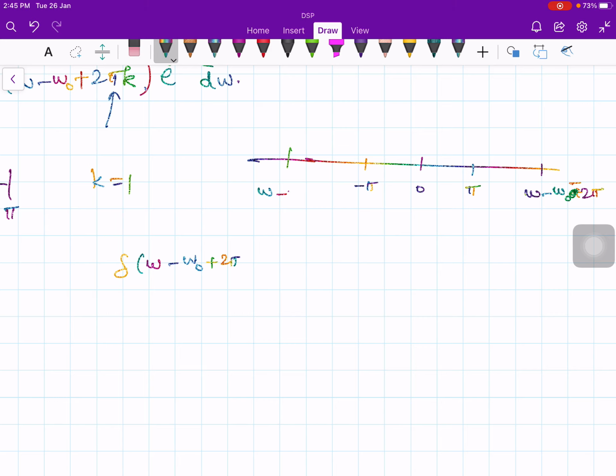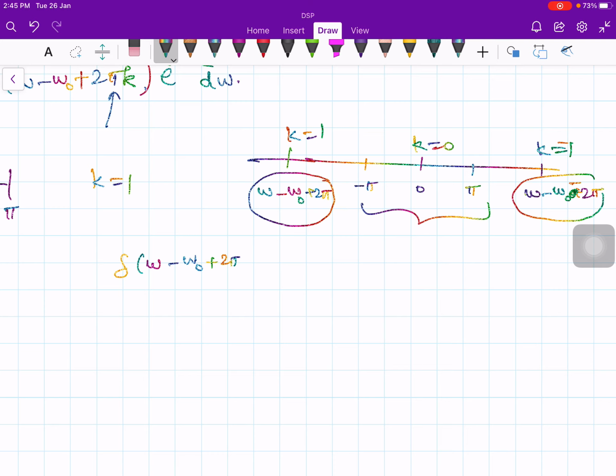So this is my range of vision. Here k is equal to 0, this point is k is equal to minus 1, and this point is k is equal to 1. So when you take k is equal to 1, my delta function lies either above plus pi or below minus pi. It falls outside of my range of integration.